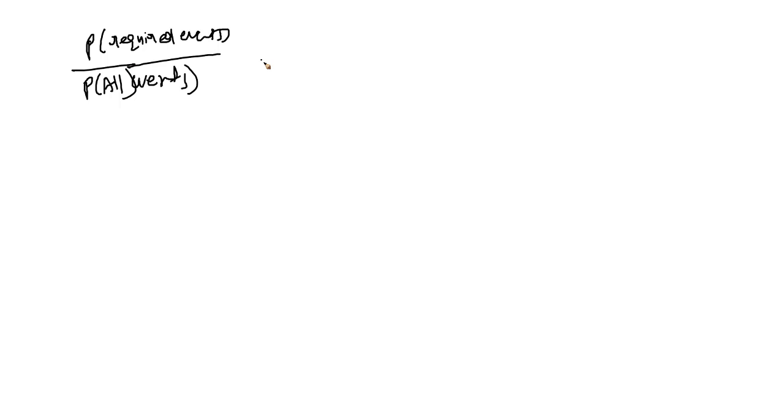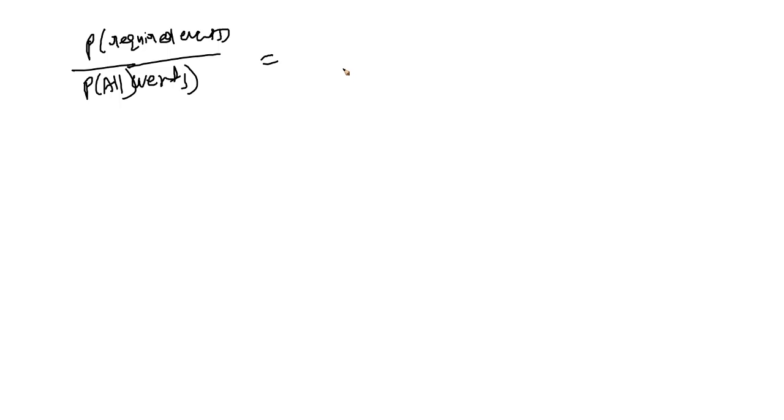theorem. Let's say this is essentially the probability of the required events divided by the probability of all events, the whole sample space, right? So what is the sample space? In the first case, the older one is a boy.